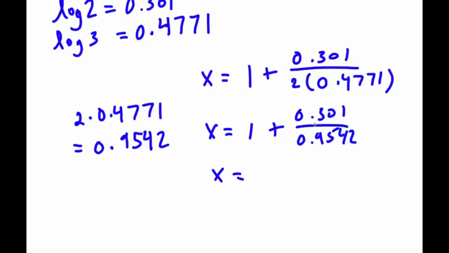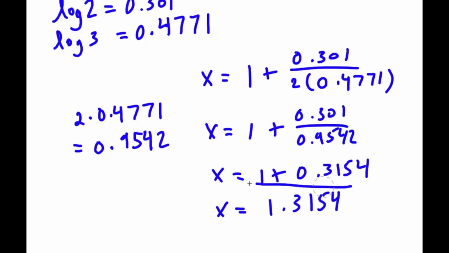Now I'm going to go ahead and simplify 0.301 over 0.9542. So this is equal to 0.3154. So 1 plus 0.3154 is simply 1.3154. So x is equal to 1.3154.